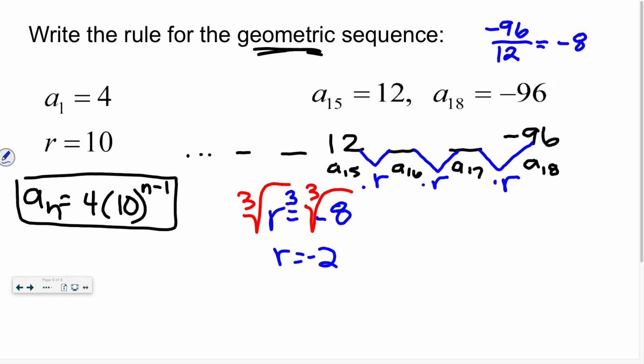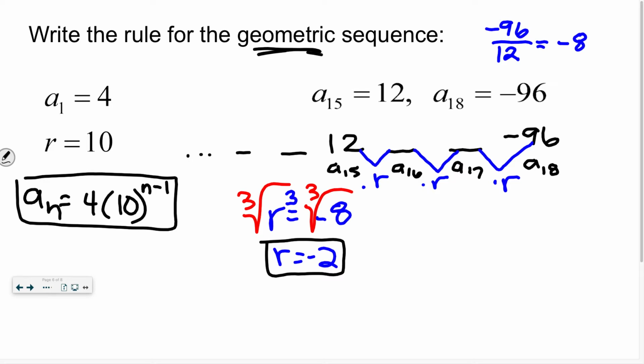So we're going to do the cube root. Okay, so if I know that R is negative 2, does anybody have any ideas for how I'm going to get the rest of my sequence?